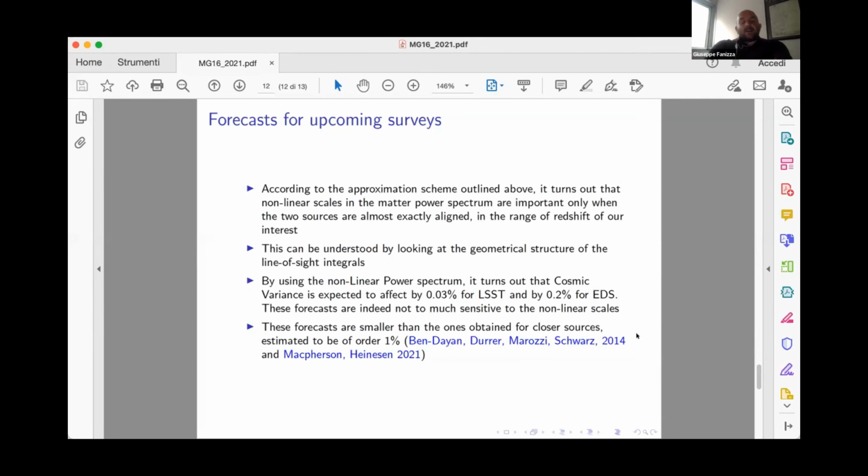So just by performing this evaluation, we come to the end of this talk, and we realize that the forecast error for the two chosen samples, LSST and EDS, is at maximum 0.2% for EDS when the sources are taken on very narrow lines of sight, and becomes dramatically negligible for LSST, dropping to 0.03%.